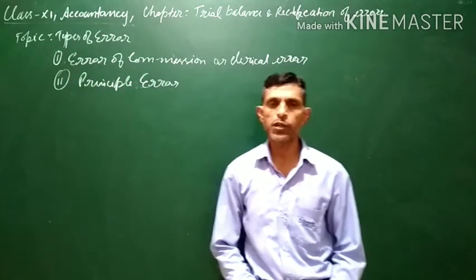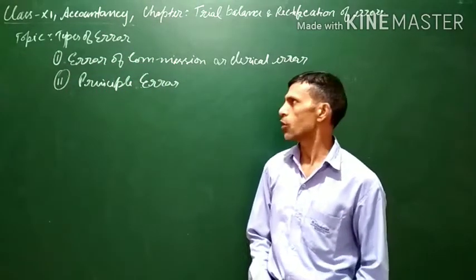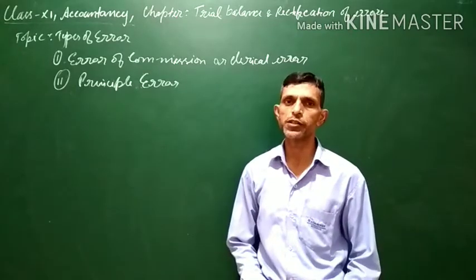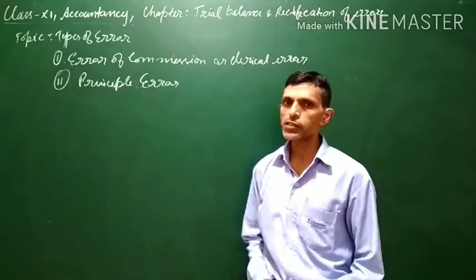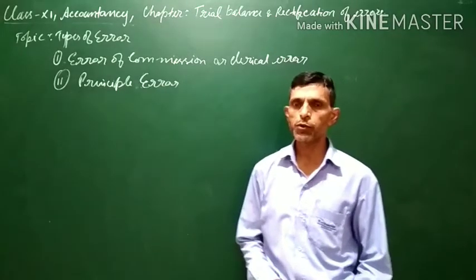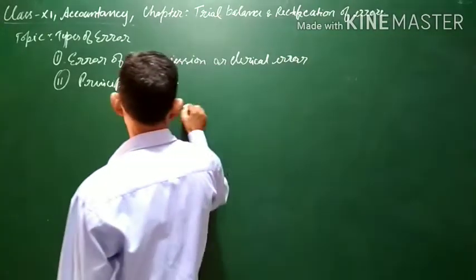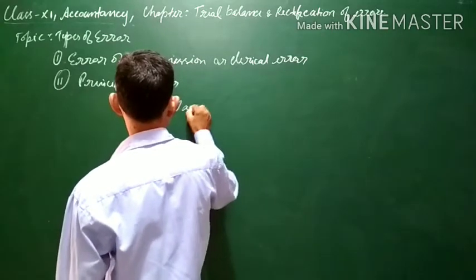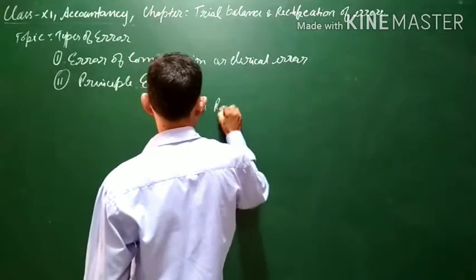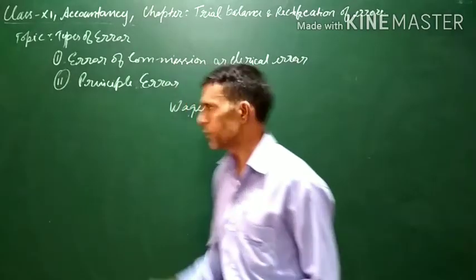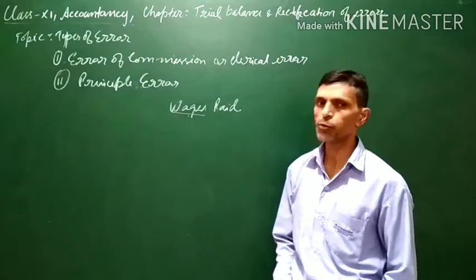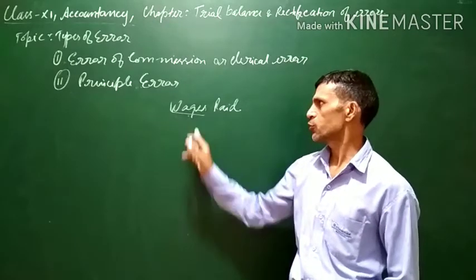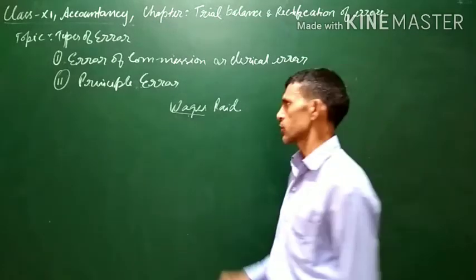It is a type of error where the rule of accounting is not followed. While passing the journal entries, if the accounting rule is not followed, then it is known as error of principal. For example, wages paid. Wages is an expense, and expenses are to be debited to profit and loss account.